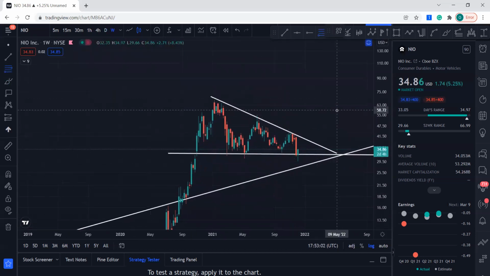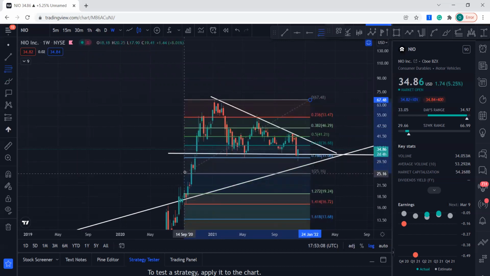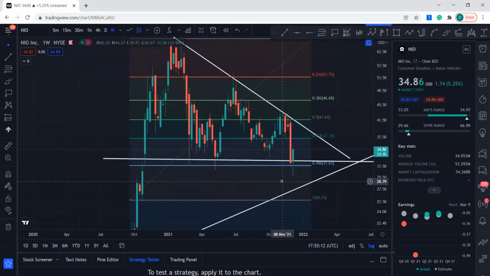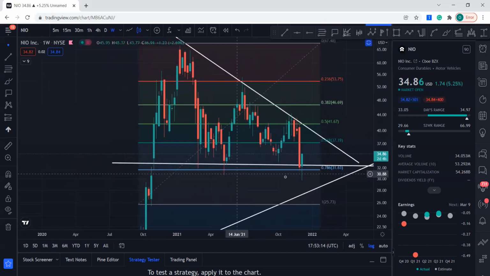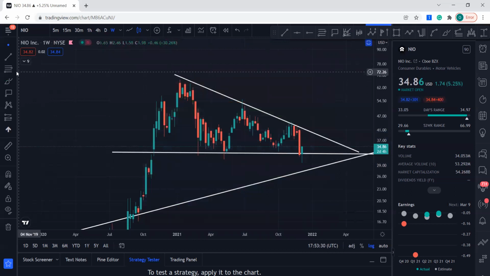Now in the Fibonacci, you can see the 0.786 level, which is at 31.63. Every time NIO comes to this Fibonacci level, it gets a big bounce. That is a very crucial level.